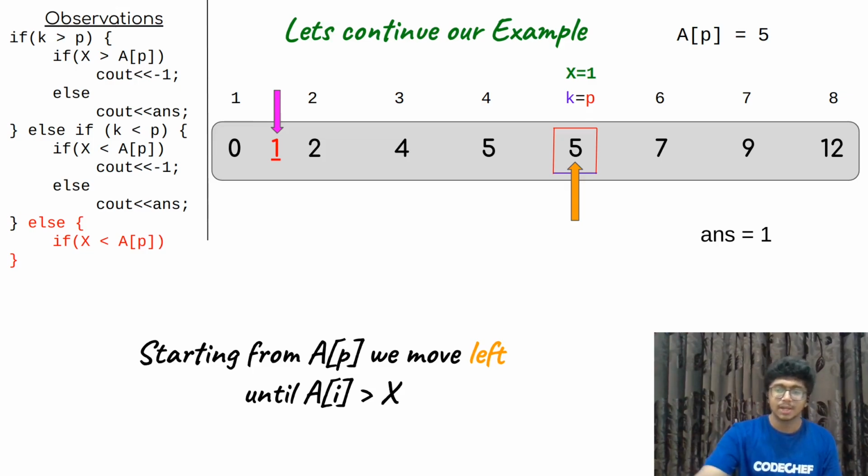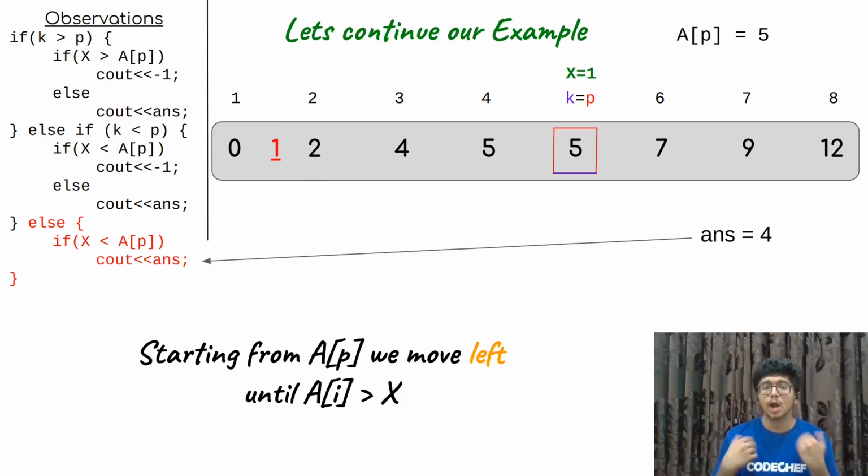So we start off: 5 is greater than 1, 5 is greater than 1, 4 is greater than 1, and 2 is greater than 1. Now after incrementing, we see that the answer variable is 4, and hence we would be outputting that as our answer. So if the values of k and p are equal and the value of x is less than a of p, then we would be printing the answer in a similar fashion while moving to the left side.